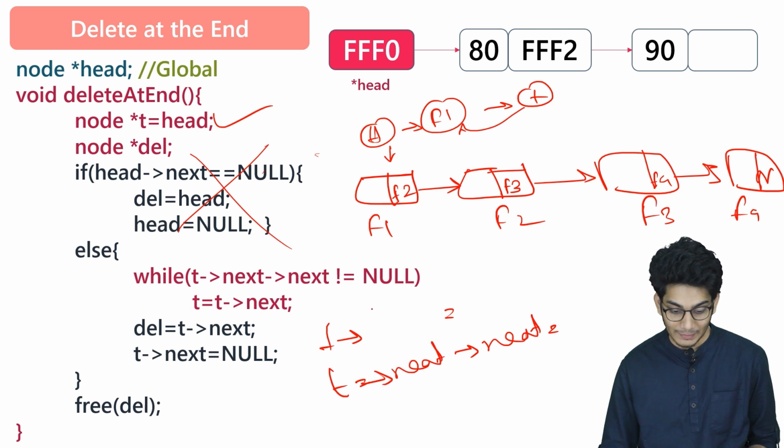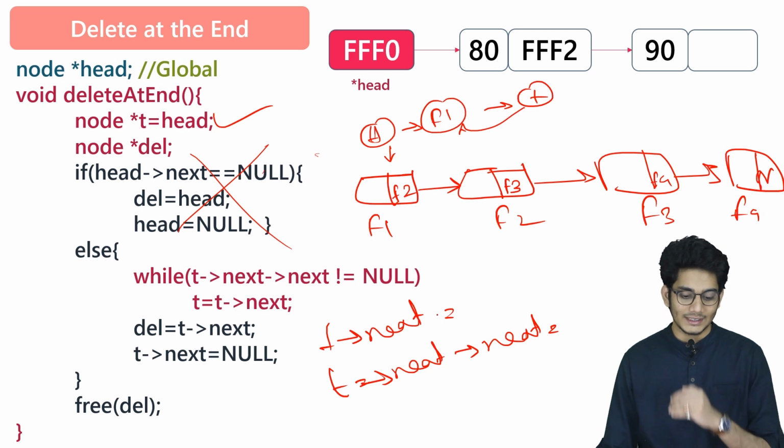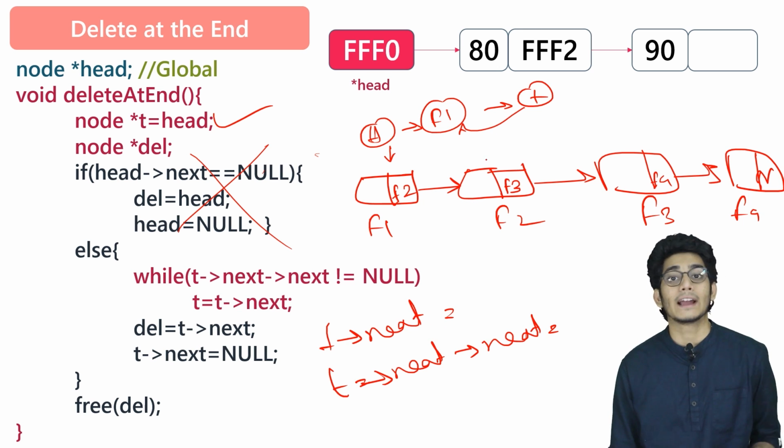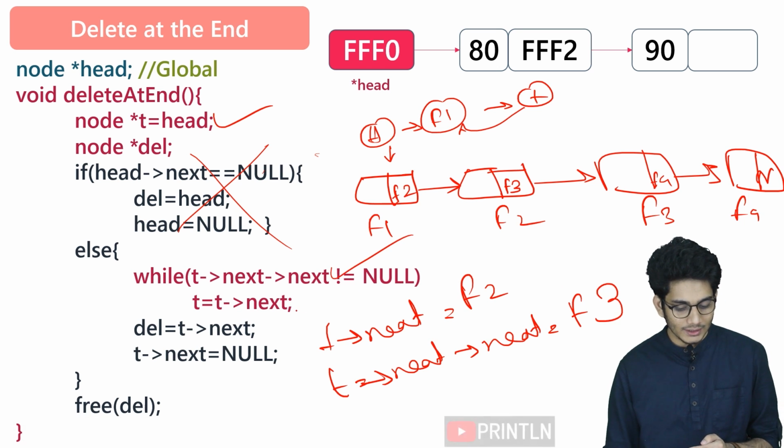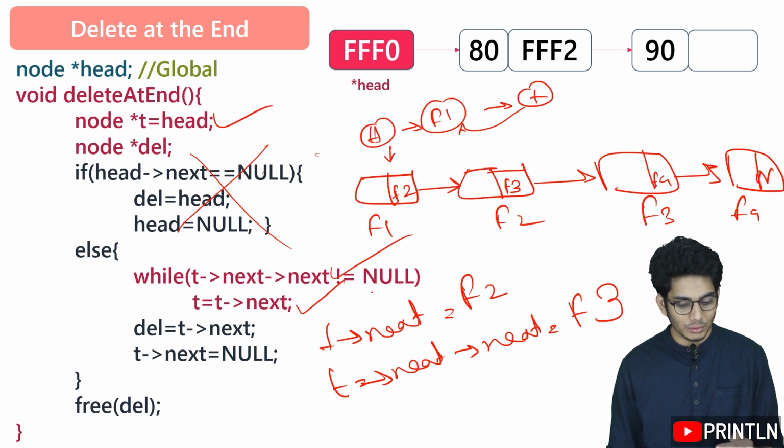My handwriting is very bad, so I'm trying to write it carefully. At first, what is the value of t? That is head. So the value of t next is f2. Then the value of t next is f3. So f3 is not equal to null, so this portion will be satisfied. Then we'll move t to t next. Now what will be the value of t?